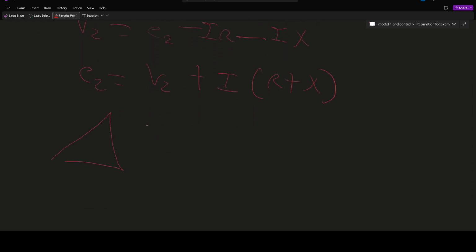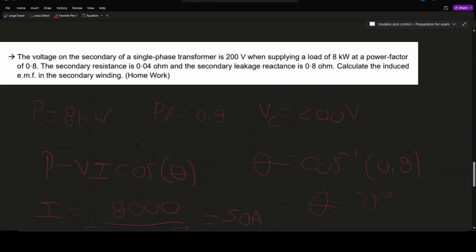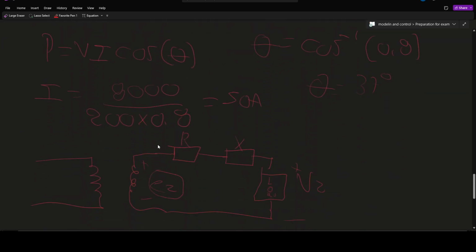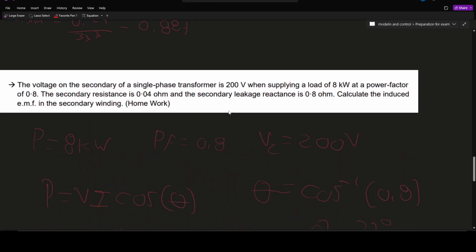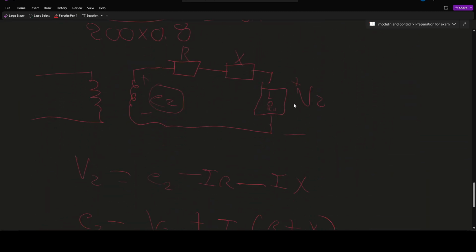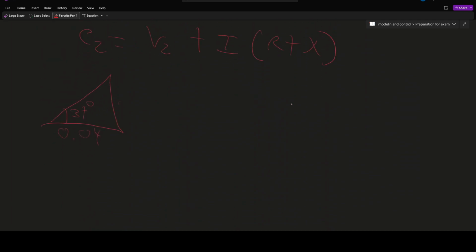If we look at the text, we know the power factor angle is 37 degrees. For the real part we have 0.04 ohms, and for the imaginary part, the secondary leakage reactance, is 0.8 ohms.